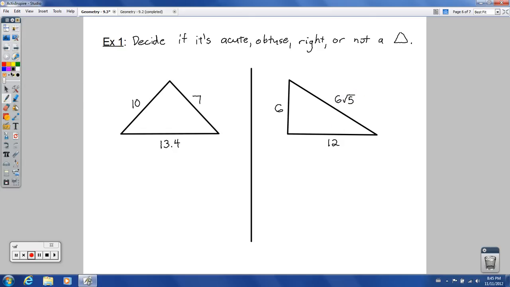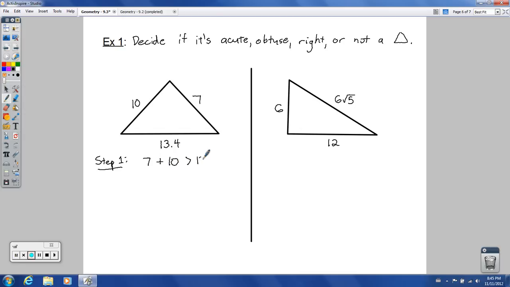And so let's do our steps. So make it easier on yourself. Just do the 2 steps. Just go through these 2 easy, simple steps and you'll get the right answer every time. So step 1, let's check a plus b and see if it's bigger than c. So the 2 smallest sides, 7 plus 10, is that greater than 13.4?